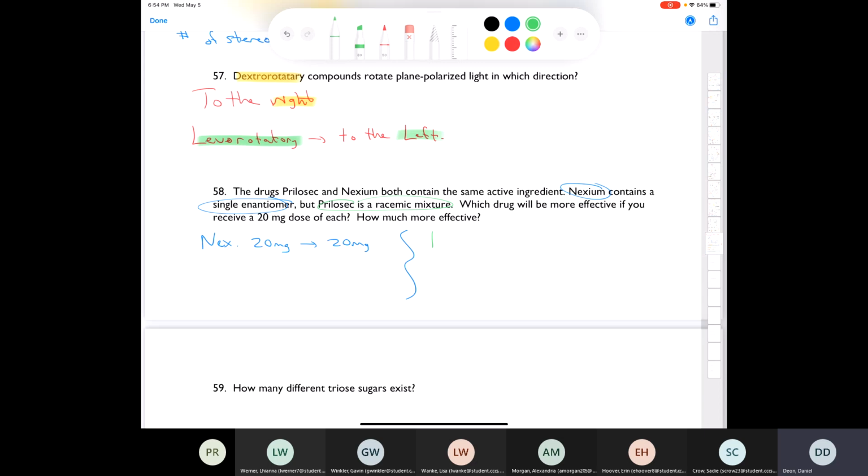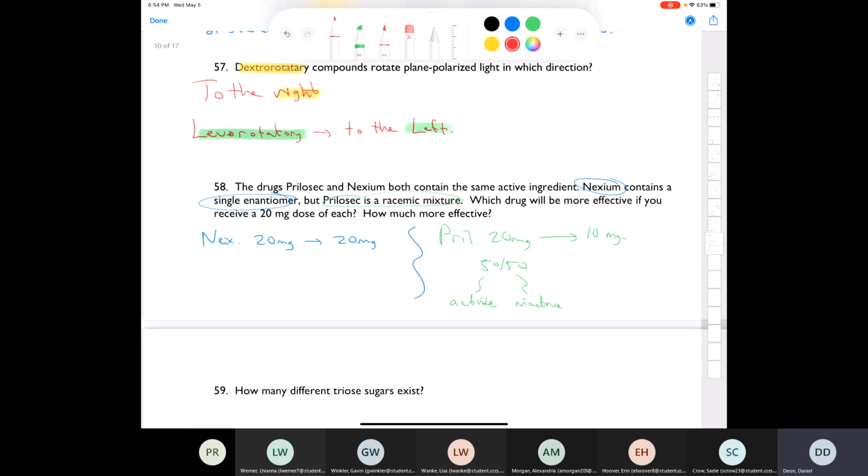Whereas if you take 20 milligrams of Prilosec, since it's a 50-50 mixture, one half is going to be the active ingredient, and the other enantiomer is going to be inactive. So you're only ending up with 10 milligrams of the active product. And so Nexium is twice as effective as Prilosec.